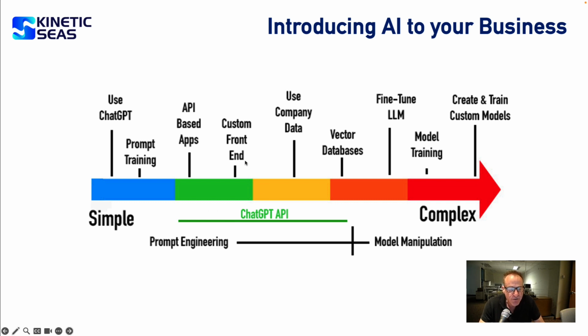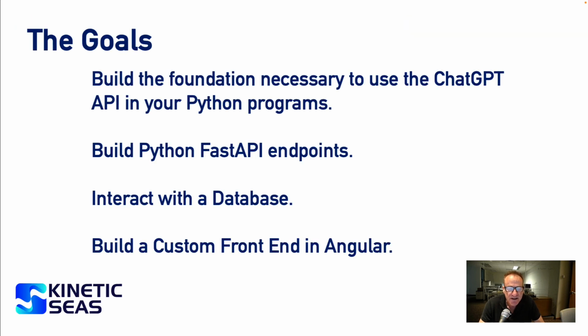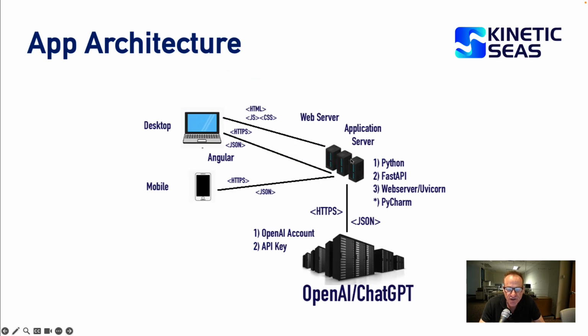So the first thing we're going to do is build a Python API center, we'll call it. We're going to be building this piece right here, the application server. If we look at how an application architecture works with the API, we have our desktop or our mobile apps, and we're going to say these are written in Angular.